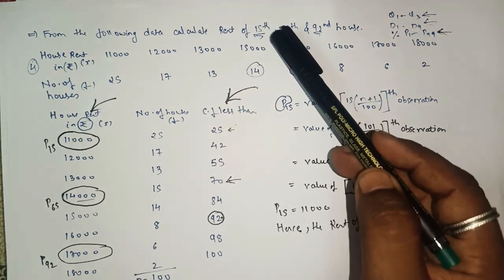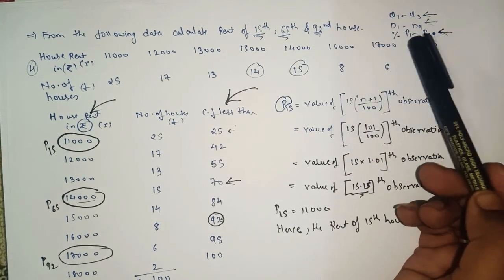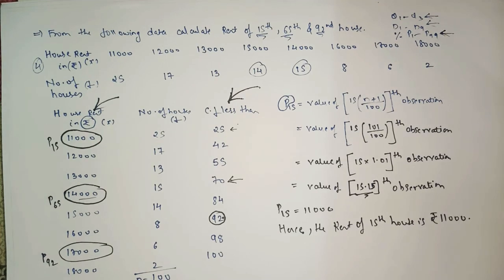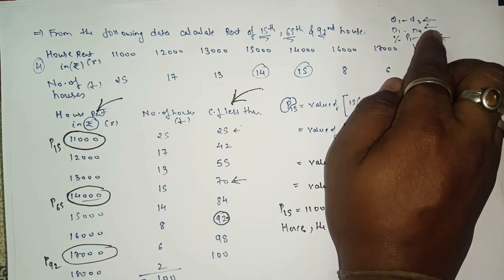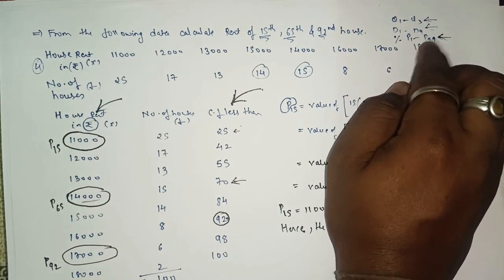So here 15, 65, 92 of course lie in the percentile range. So whenever it is not mentioned, we apply the formula of percentile only. Don't apply the formula for quartiles and deciles.